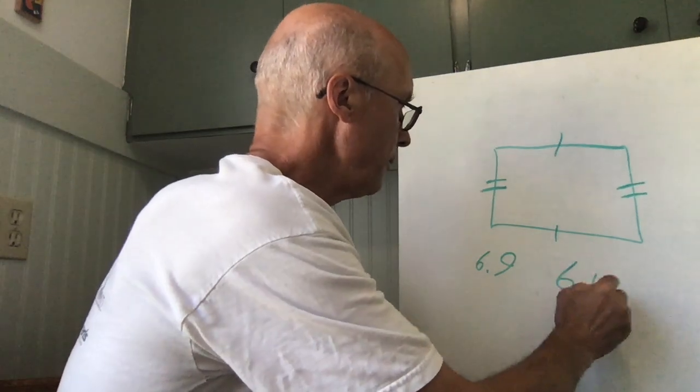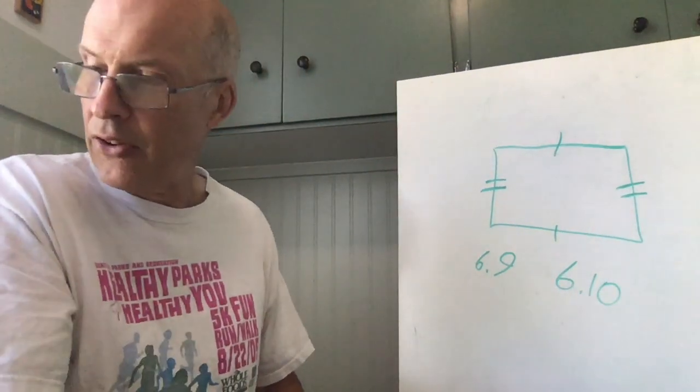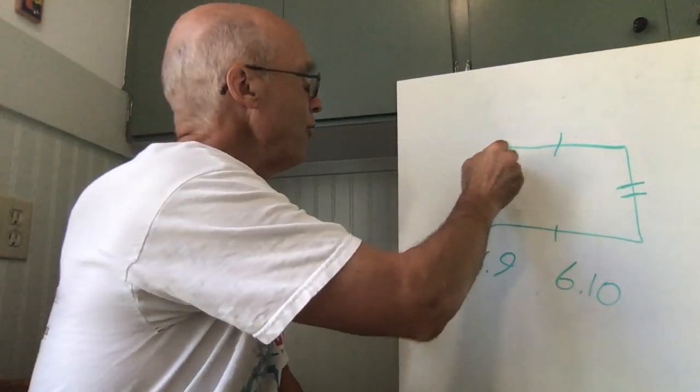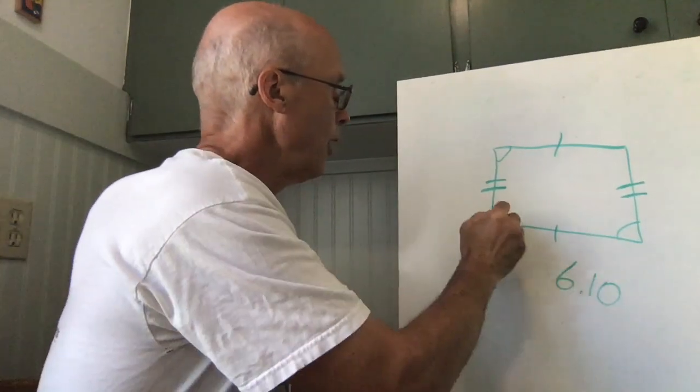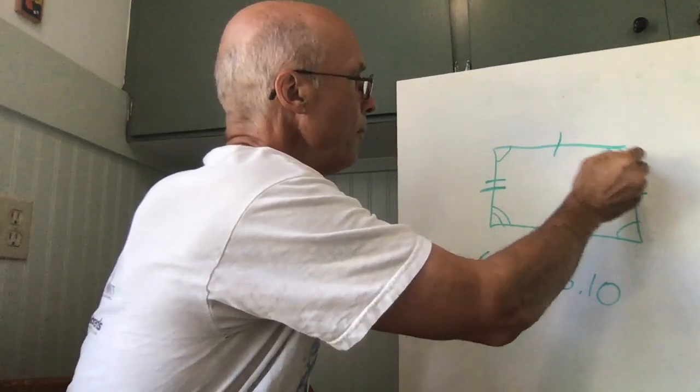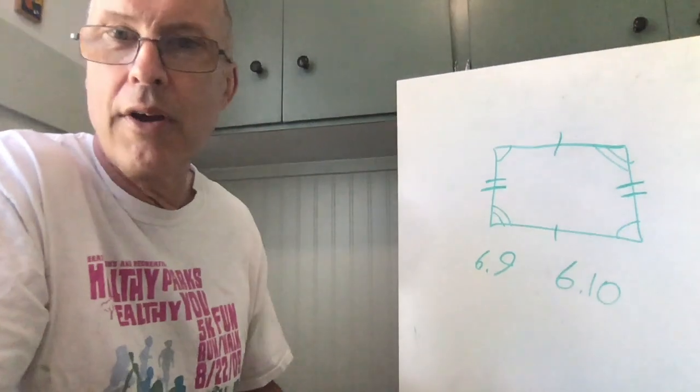6.10 says that if opposite angles are congruent, then you know you have a parallelogram.